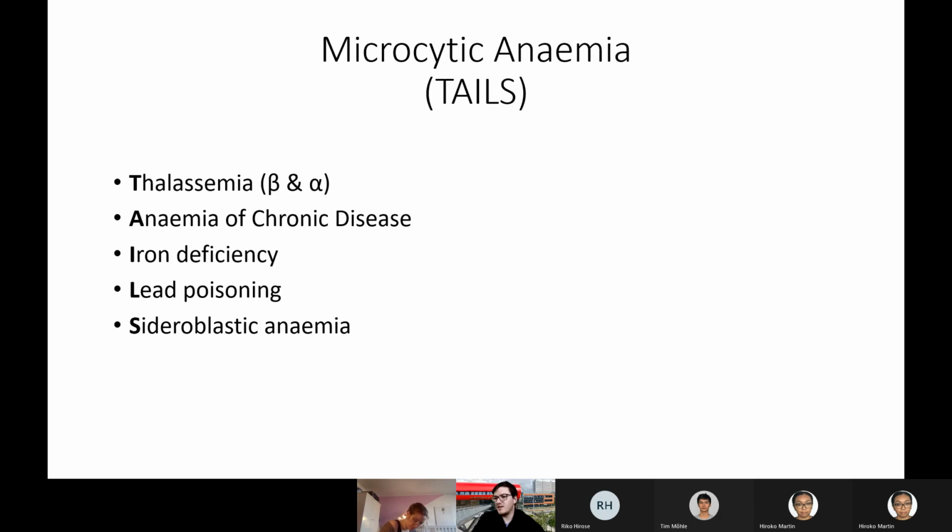And sideroblastic anemia is a specific kind of microcytic anemia, not as common as the other 4, and it's described as sideroblastic because of the way that the red blood cells look. I think I might have a picture later, but just in case I don't. Blast is just a big immature cell, and sidero usually refers to iron.